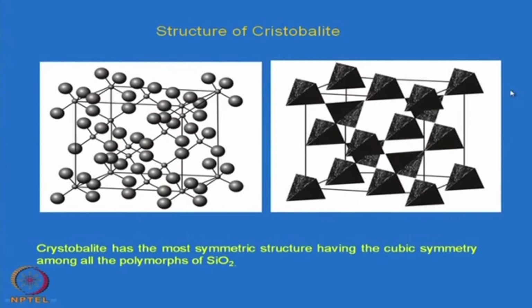So, this is a unique situation so far as the structure of inorganic compounds is concerned, at least whatever we discuss under this course. Crystalline has a close packed cubic structure, FCC structure, but the motif here is not single atoms, but tetrahedrons.